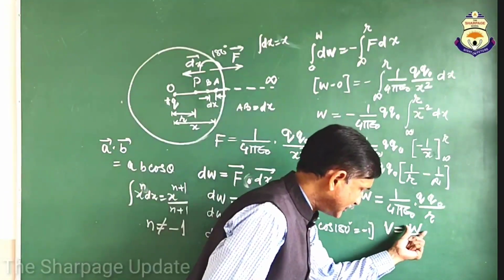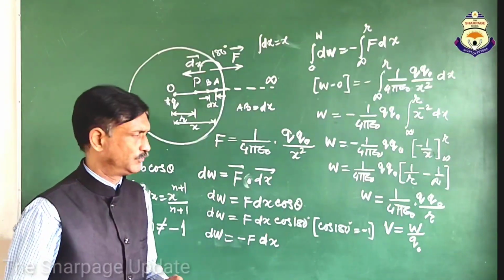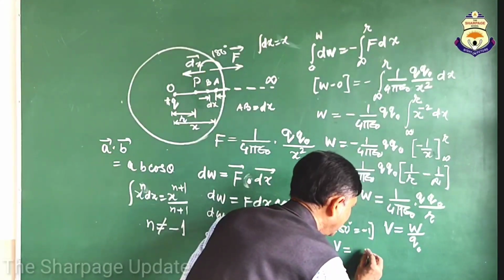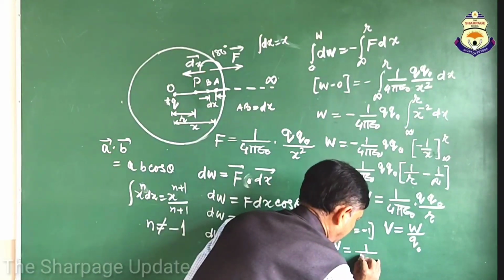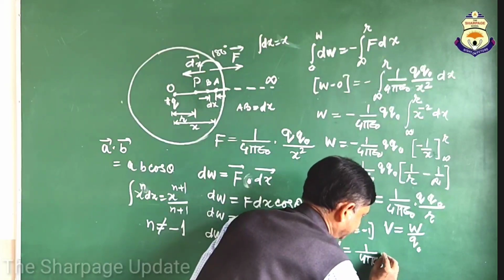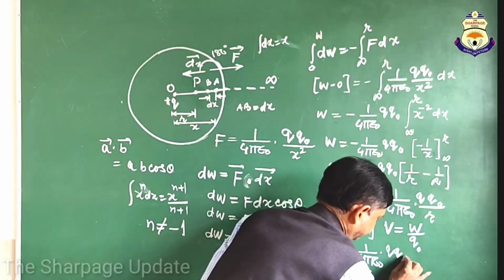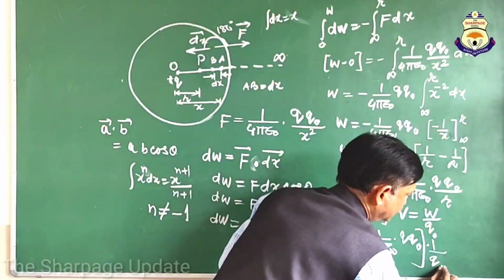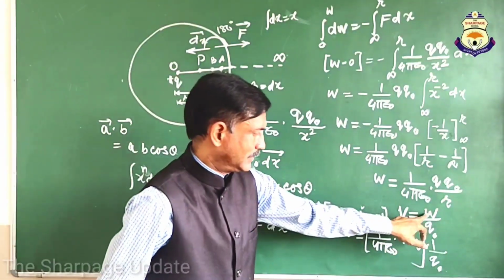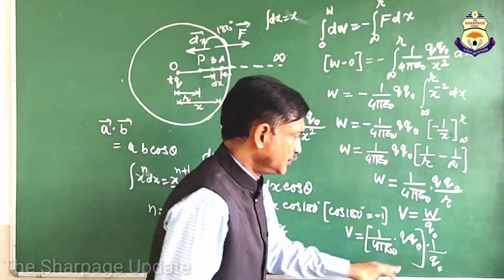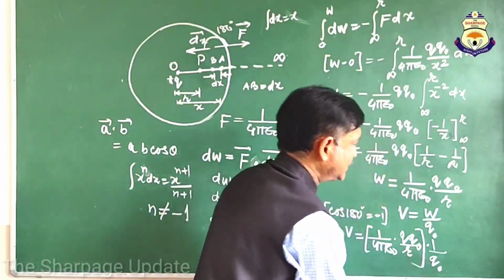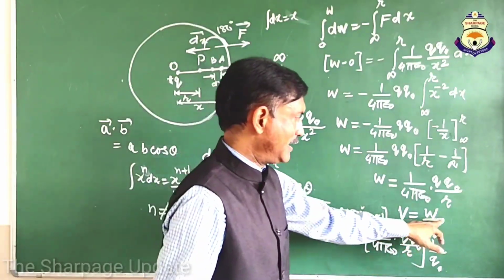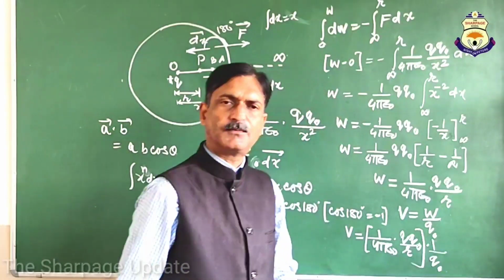So by substituting the value of W from here, we get V equal to 1 upon 4 pi epsilon 0 q0 upon r, which is the value of work done, into 1 upon q0.